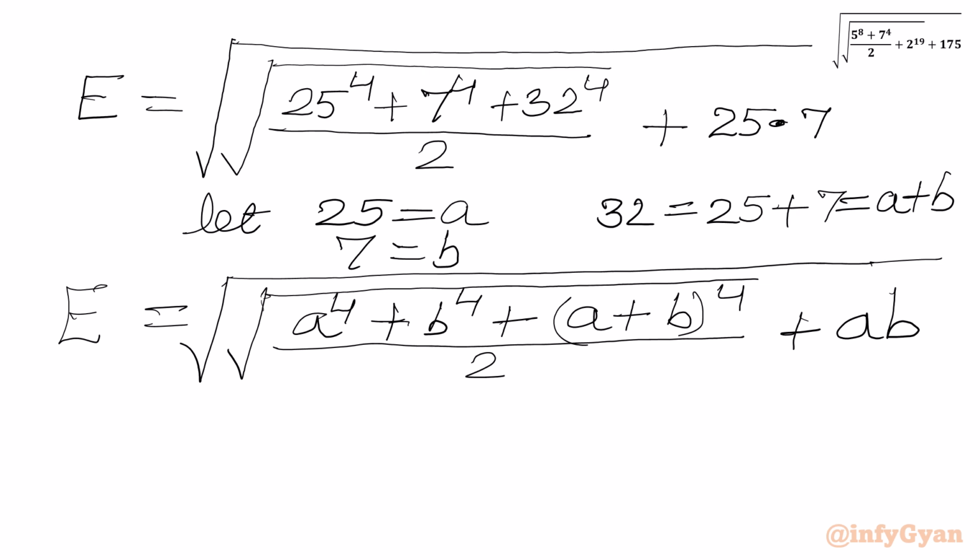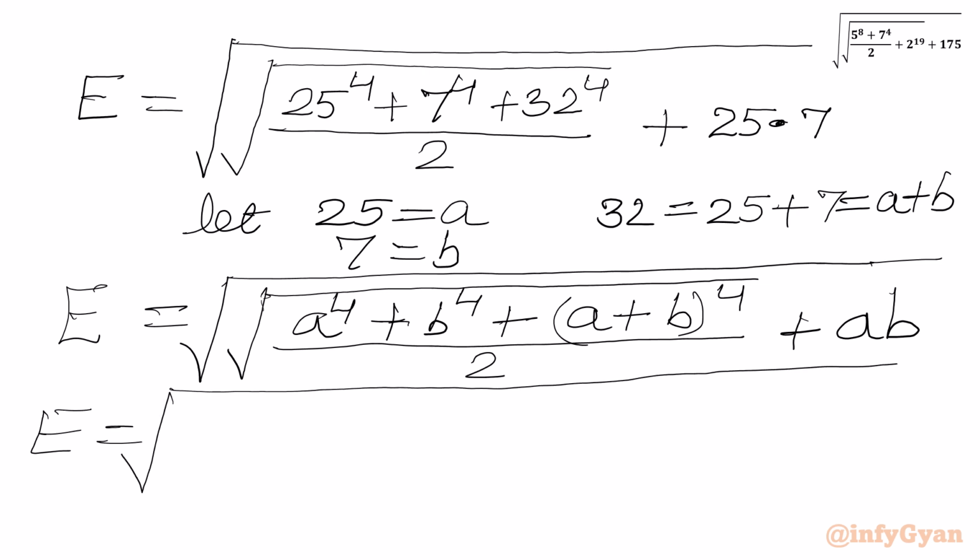Now we have to simplify our numerator. So I can write E will be equal to square root of, I will expand A plus B whole power 4. So A power 4 plus B power 4 as it is.